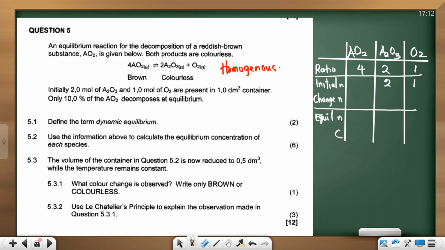All right, I hope that's making sense, guys. All right. Only 10% of AO2 decomposes. It means there was an amount of AO2, but we don't know the amount, X. Is that okay?